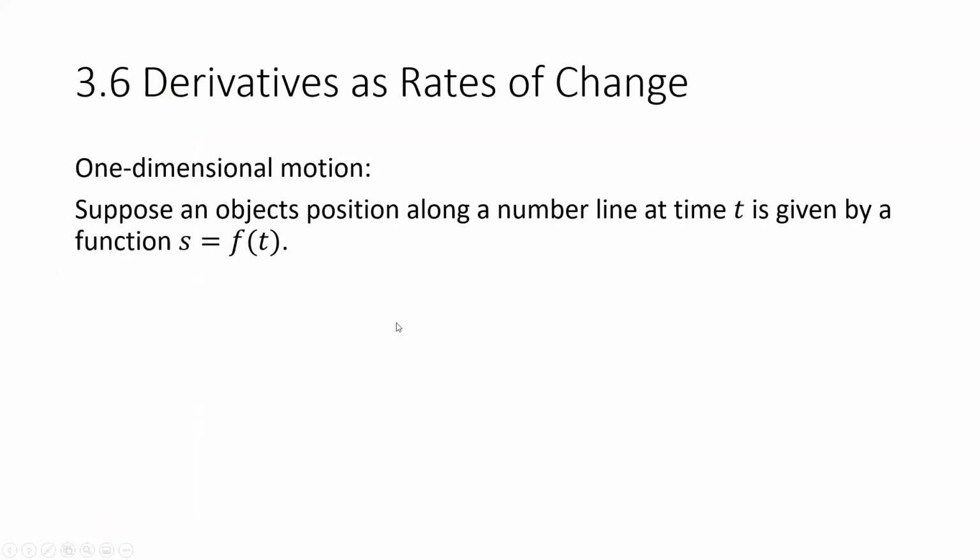Okay, so we start by thinking about this idea of one-dimensional motion. One way to think about it is you have an object that's just moving back and forth on a number line.